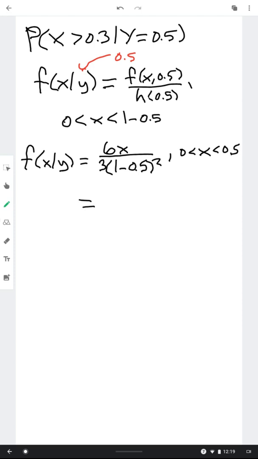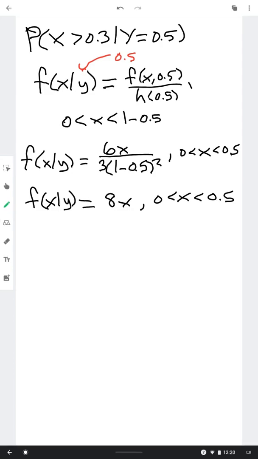That simplifies it just a little bit. So 1/2 squared at the bottom becomes a 4 at the top, so 24 divided by 3 is 8. So I get 8x, where X goes from 0 to 0.5. Now that we have this, let's integrate.